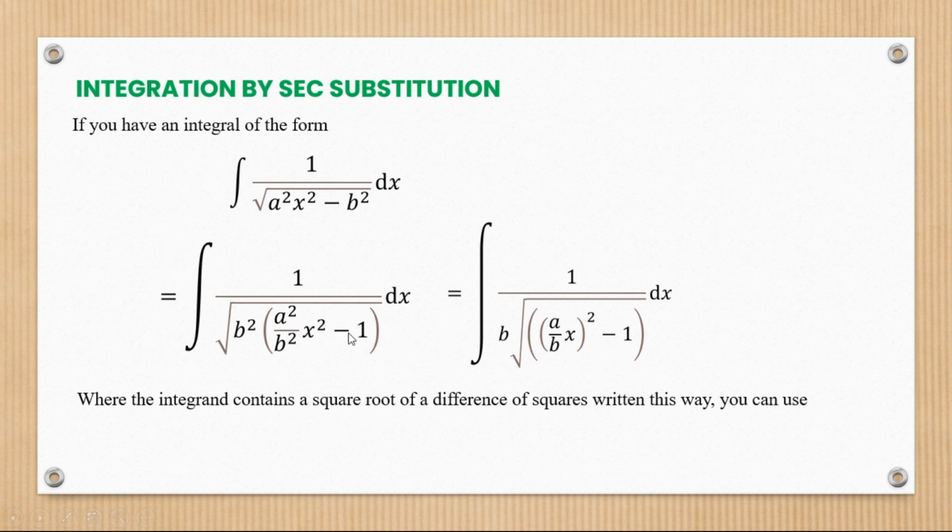Remember the difference between this and sine substitution: in sine substitution it was the reverse, the constant subtracting the variable. Now we have the square of the variable subtracting the square of the constant b, so this is slightly different. Now I have a over b x being equal to sec theta.